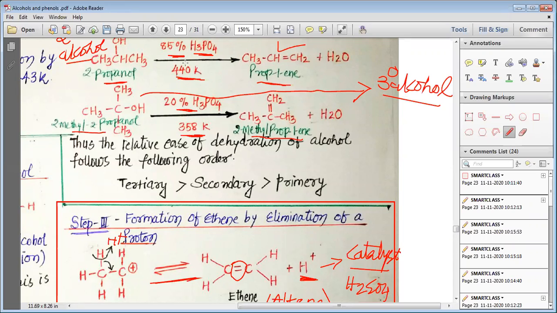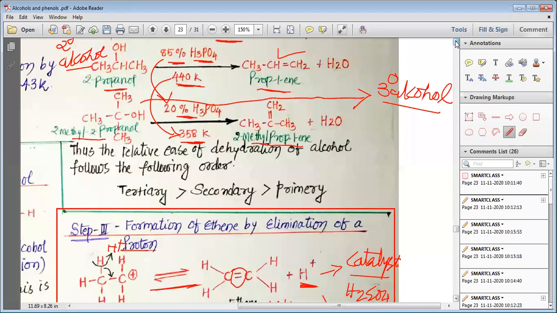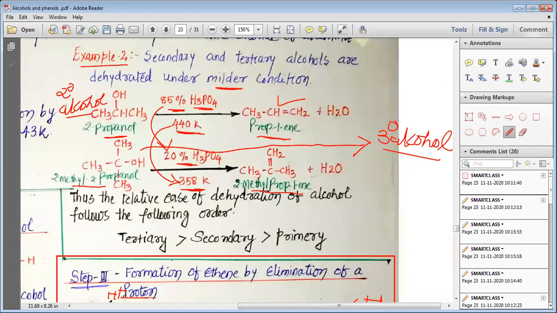So you just need to decrease the concentration, and you can see that even the temperature has been decreased. Initially, for primary alcohol, we need 443 Kelvin temperature and concentrated H2SO4.